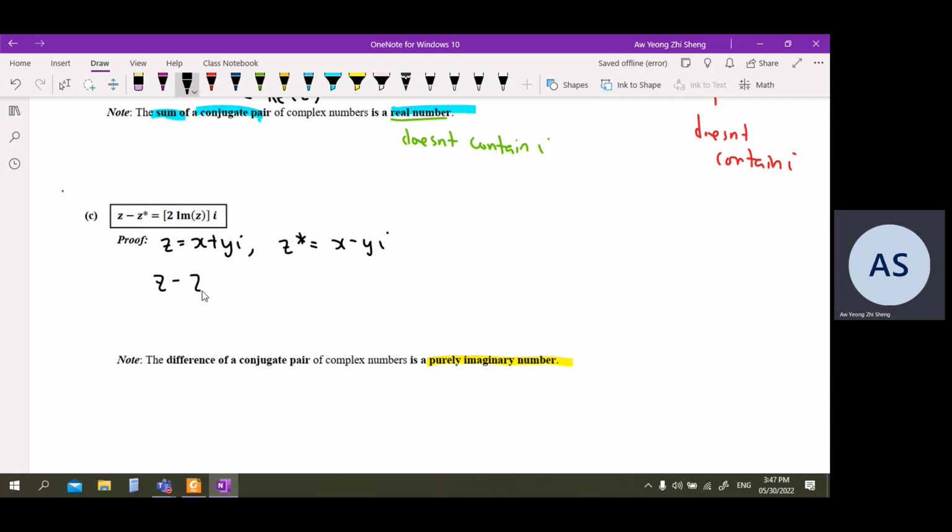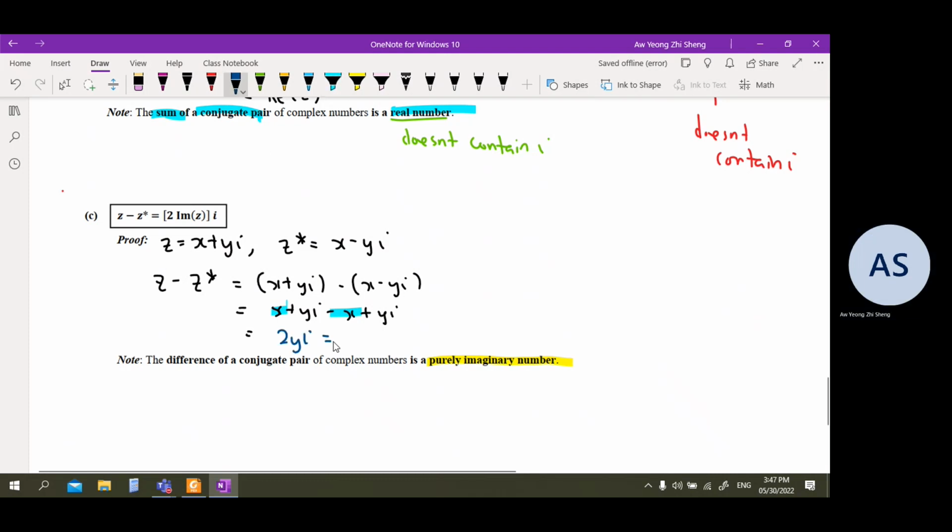So your z minus z star must be x plus yi minus x minus yi. When you expand this, you get x plus yi minus x plus yi. Plus x and minus x will cancel. That gives you a 2yi. And what is y? Y is the imaginary part of z. So I have 2 times the imaginary part of z, the whole thing multiplied by i. 2y times i.